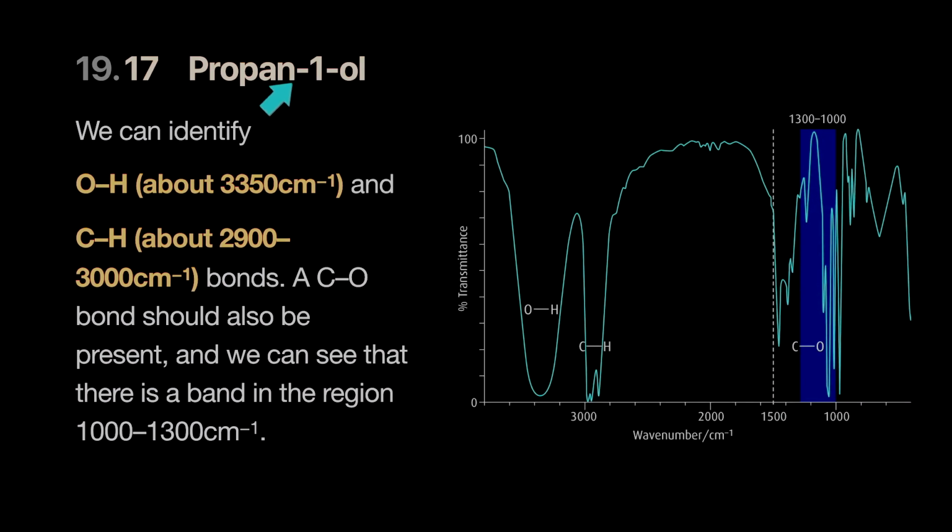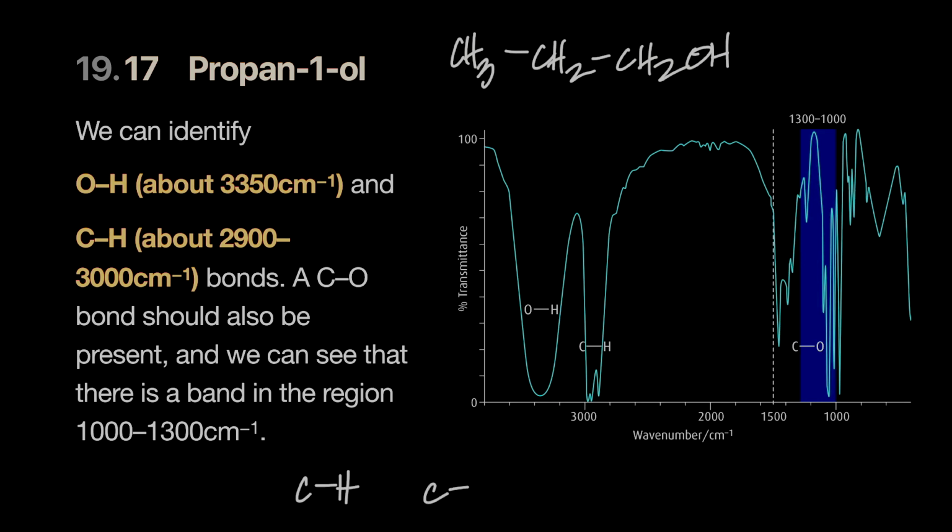In this case, this is propan-1-ol, therefore it's an alcohol. If I make the molecule, it is CH3, CH2, CH2, OH. This molecule has CH bonds, a C single bond O, and an OH bond. So really, this molecule has a lot of CH bonds, one CO bond, and one OH bond. Only three different bonds.